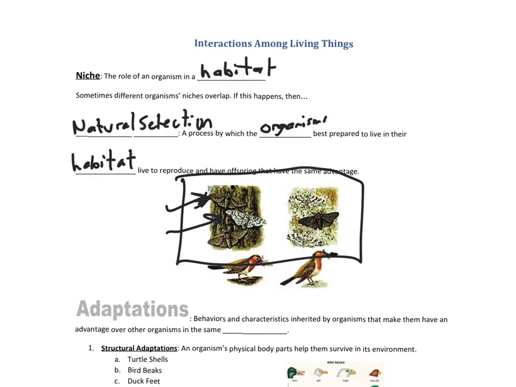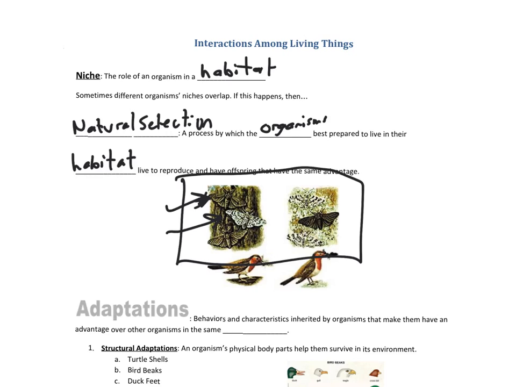But then the Industrial Revolution happened. When that occurred, the bark of the birch tree would get dirty with soot from the factory. The result is that the darker colored moths would blend in better with the soot covered tree bark than the lighter ones. The lighter colored moths would get picked off by birds easier.